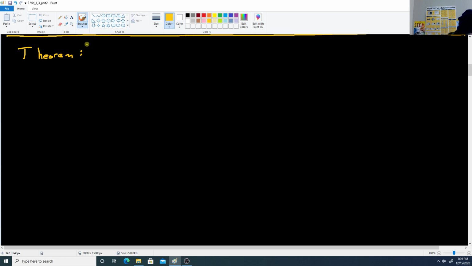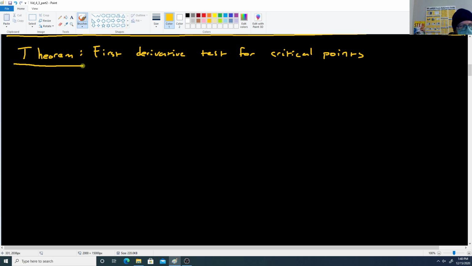So this is the first derivative test for critical points. Again, remember critical points, those are points where the first derivative is either 0 or is undefined.